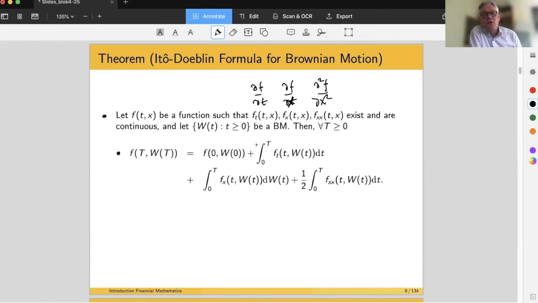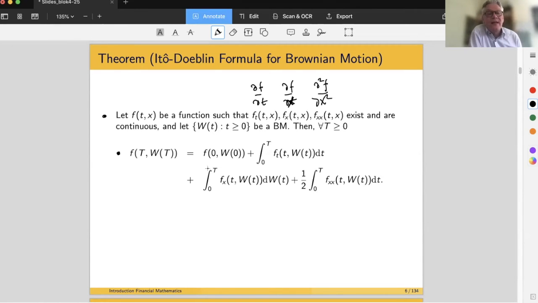Then Ito-Doeblin's formula for Brownian motion tells us the following. For all T greater or equal to 0, we have that f(T, W_T) is equal to f(0, W_0) plus the integral from 0 to T of the first derivative of f with respect to t, with arguments t and W_t, dt, plus the integral from 0 to T of f_x dW, plus 1/2 the integral from 0 to T of f_xx dt.